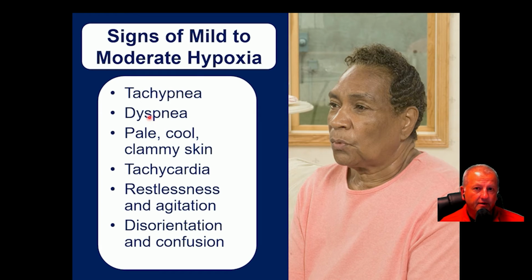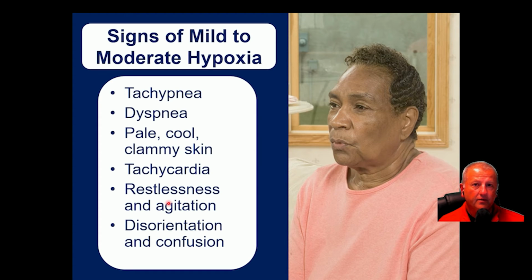If there's not enough gas to make a gas exchange, or not enough blood to take the oxygen and CO2, you're going to show it in your skin color and temperature. Clammy skin, the same thing. Anytime you have somebody who's pale, cool, and clammy, that means they're hypoperfusing. They're low perfusing. They're not able to either get enough air in or circulate enough blood to make a gas exchange. Tachycardia, fast heart rate.